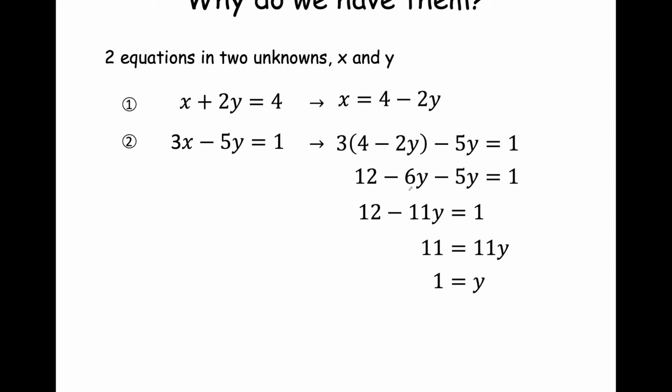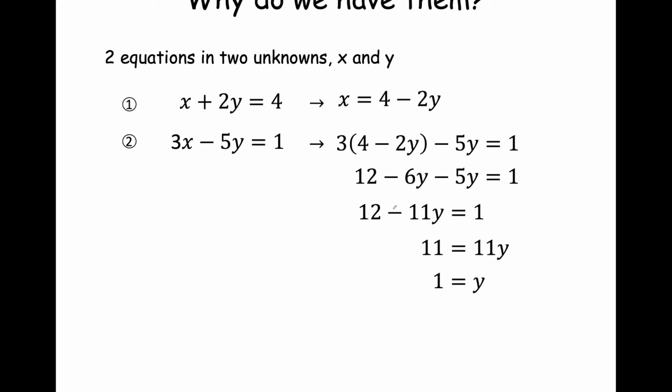So what this means is that we can now solve for y. We distribute that multiplication by 3 across the parenthesized expression. We get 12 - 6y - 5y = 1. So we combine our y's, and we have 12 - 11y = 1.